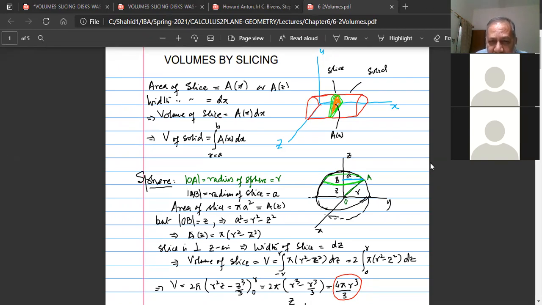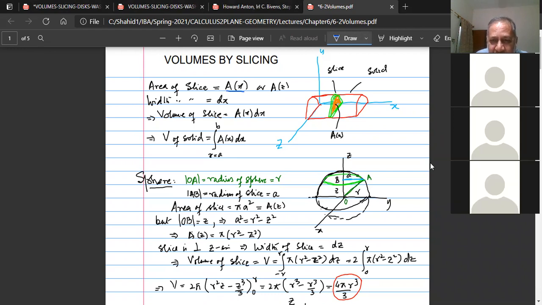I make slices of this object perpendicular to the x-axis, and I assume that somehow I can express the area of the slice as a function of x, or I can make slices perpendicular to z, in which case I expect that I can represent the area of the slice as a function of z. But we stick to this and not this.